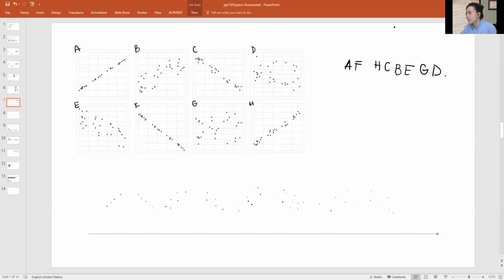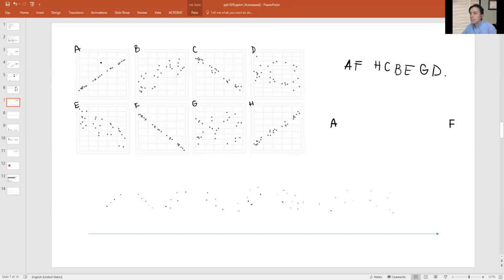It was given in both ways, which is to say, okay, let's say that I want to start with the strongest association, that I want to start with A. Then I know that F is the corresponding one, but completely on the opposite side, because A is really, really strong and positive, and F is really, really strong and negative. So if this is going to be the most something, this is going to be the most the other thing, right?